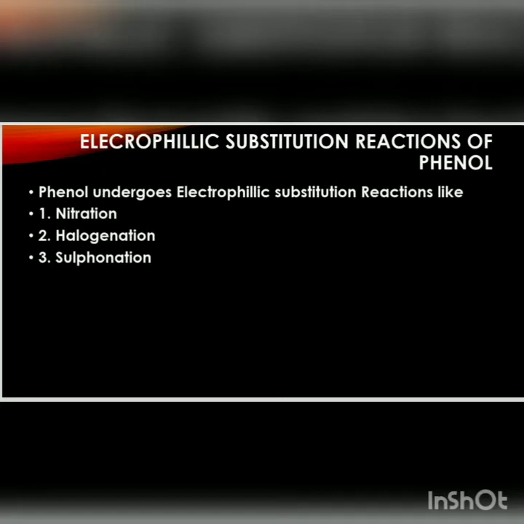These electrophiles are of two types: positive electrophiles and neutral electrophiles. Examples of electrophiles are Cl plus, Br plus, I plus, H plus, NO2 plus, SO3, etc. Among the electrophilic substitution reactions, the first one is the nitration reaction.